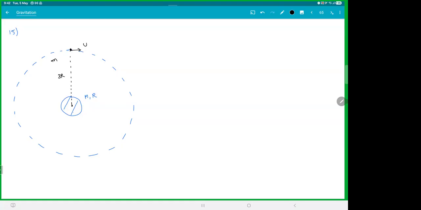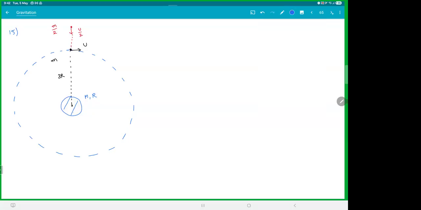So the satellite is happily going in a circle with speed u, no problems in life. And then out of nowhere, an asteroid of mass m by 2 comes with a speed u by 2 and collides with the satellite and sticks to it. Boom. And we don't like happy things.